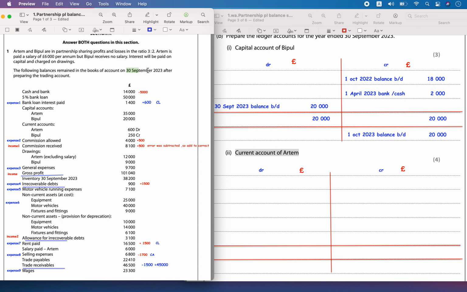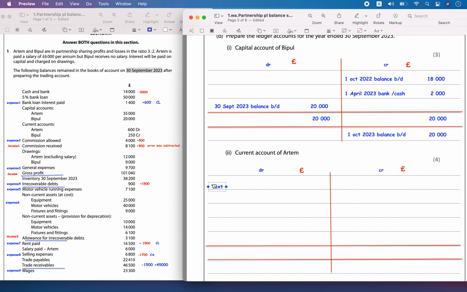So on 30th September 2023, the balance brought down for Artem for the current account was 600.